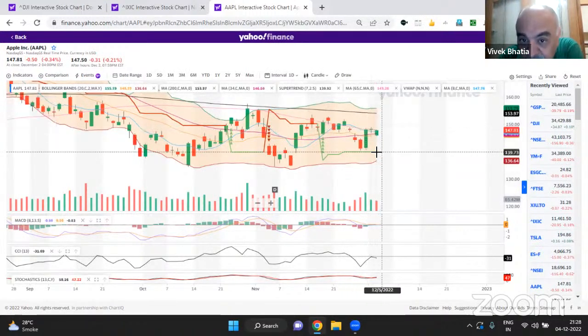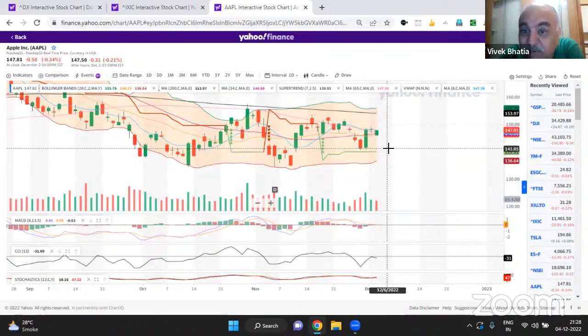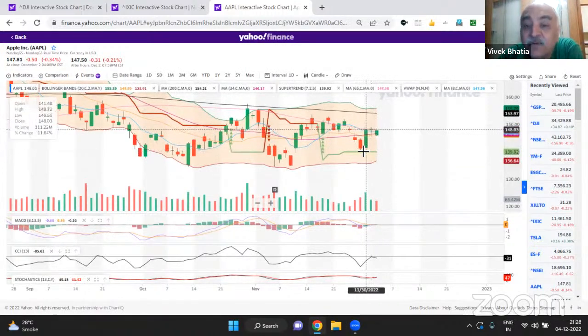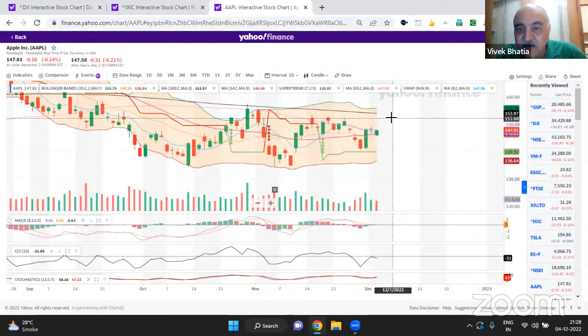So you can buy whenever the price dips to 141 with a stop loss of about 139.80. That can be your buy price. And of course, first target is over here, 152, and then 155.75.